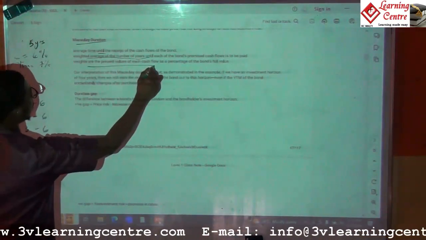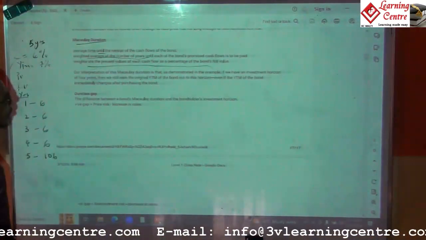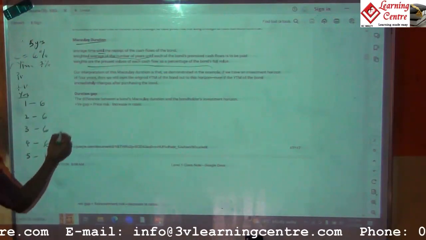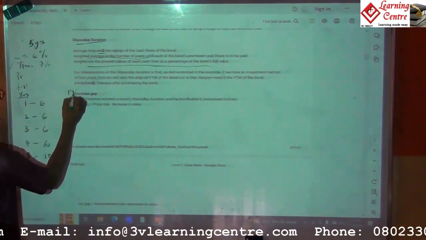The weights are the present value of each of the cash flows over the bond's price. So what do we do? We do the present value.